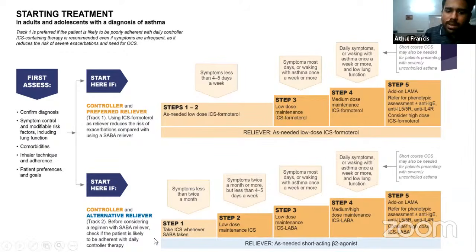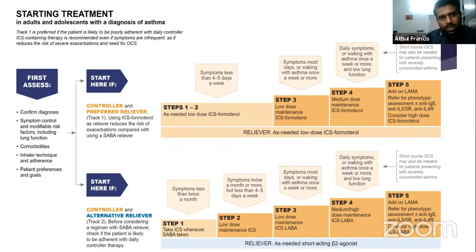And here in step 1 and step 2, ICS formoterol is covered. In track 2, step 1, if you have symptoms less than twice a month, you can use a SABA as and when needed, and take ICS whenever SABA is taken. So whenever you are taking a SABA, you have to take ICS again. That means you are giving 2 inhalers to the patient.